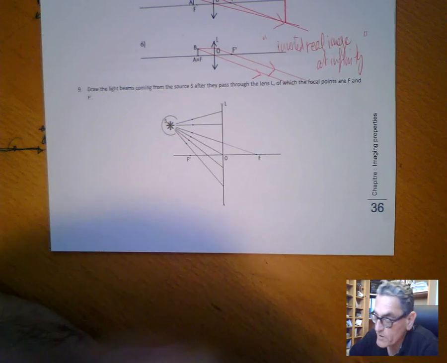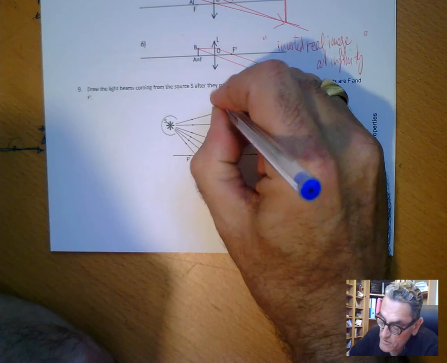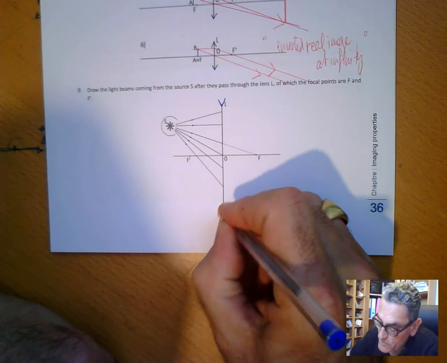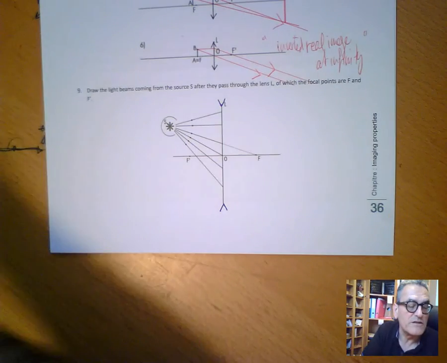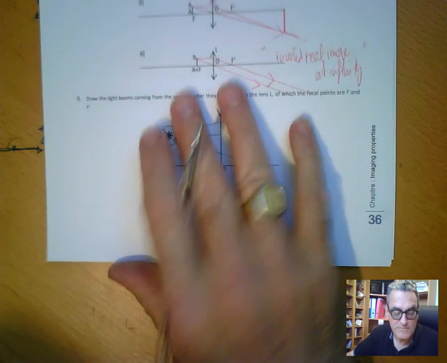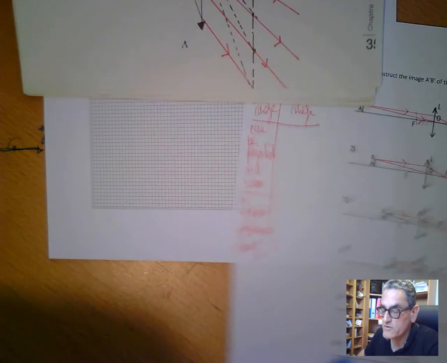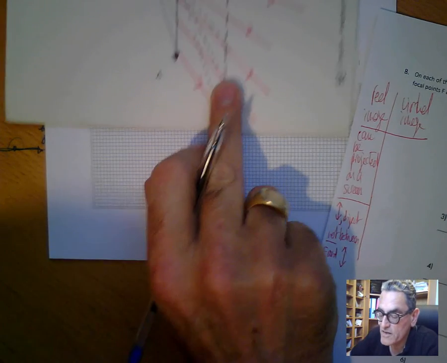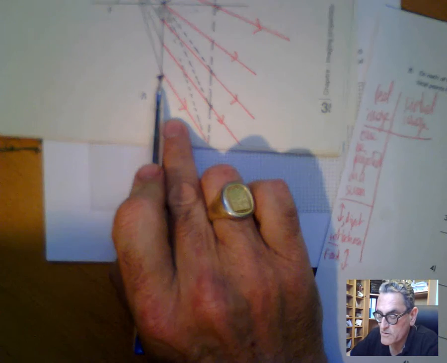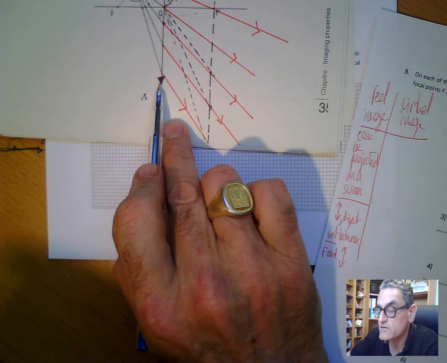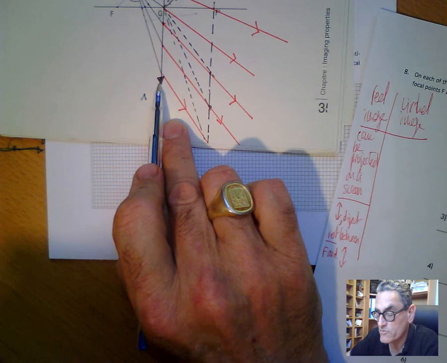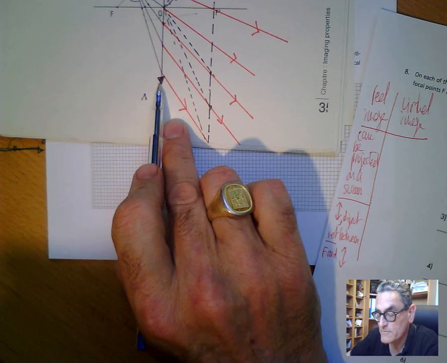We know how they behave. Notice also that this is a divergent lens, so be careful. We did this construction in exercise 7 for a convergent lens, and now exercise 9 is just the same for a divergent lens.